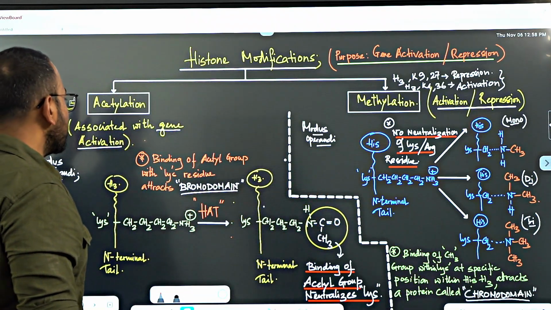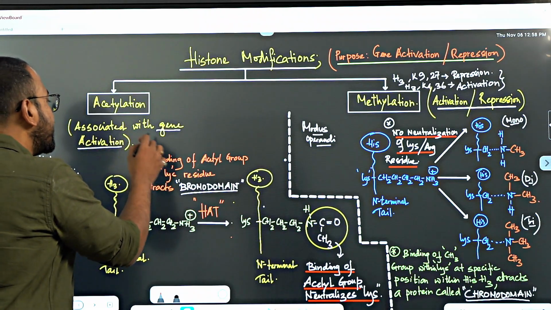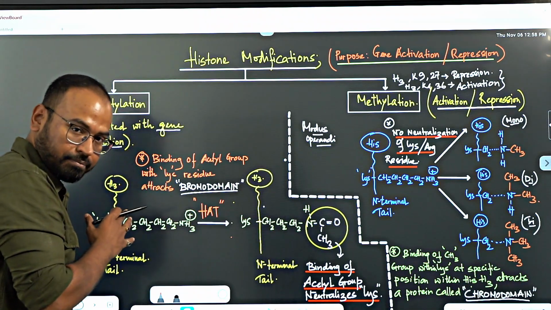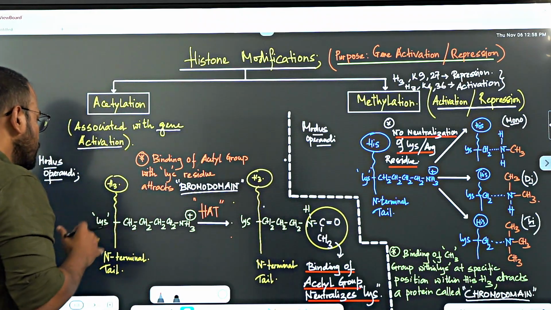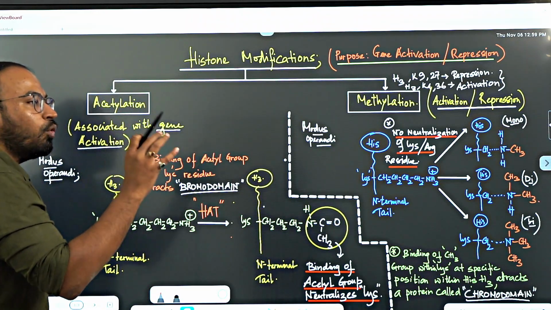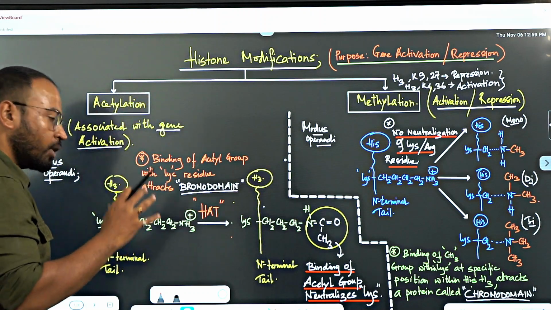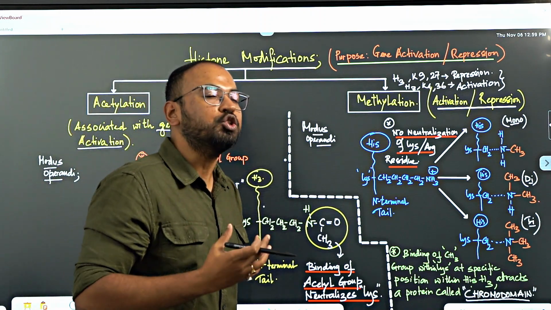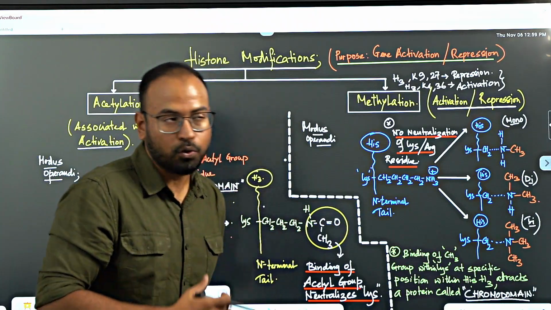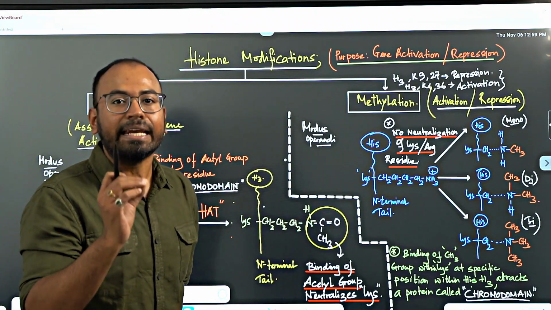When it comes to acetylation, it is majorly associated with gene activation. Now, what does it mean? Suppose among the four histones, we are choosing H3. Now all of these histones, whether it be H2A or H2B or H3 or H4, they have an N-terminal tail.